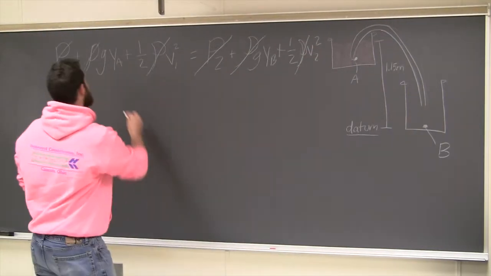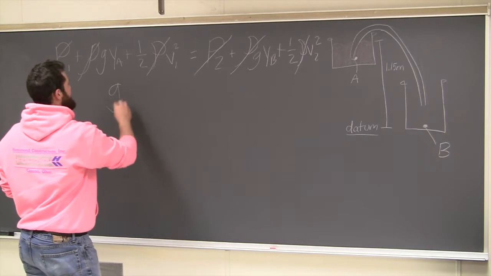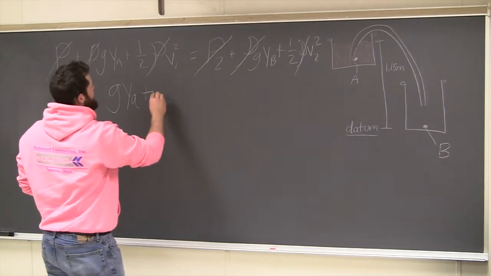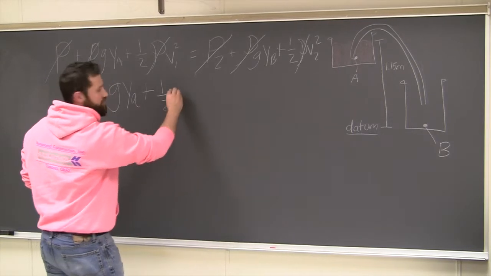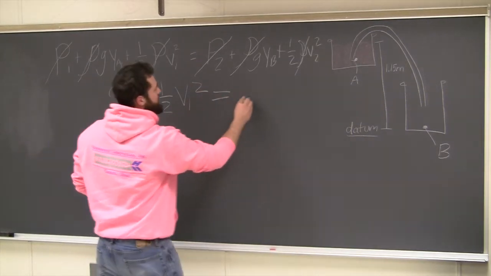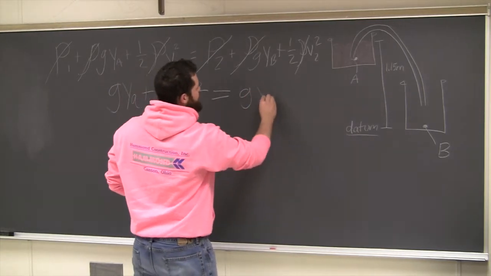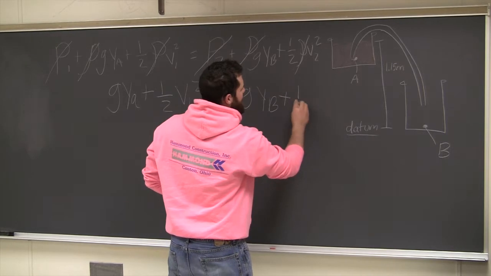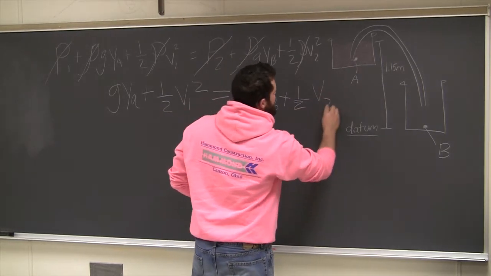Now we'll rewrite this here, and we have our gravity times your height of A plus half of your first velocity squared, which equals your gravity times your height of B plus half of your second velocity squared.